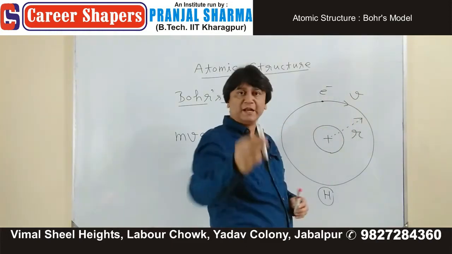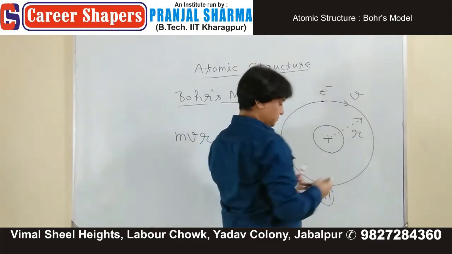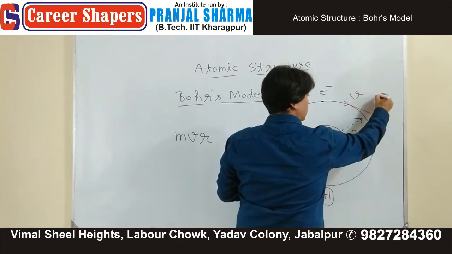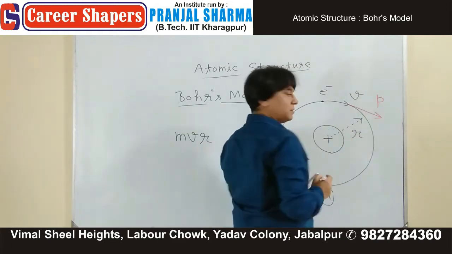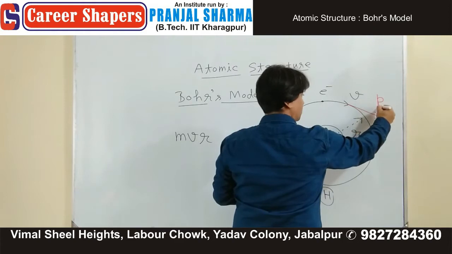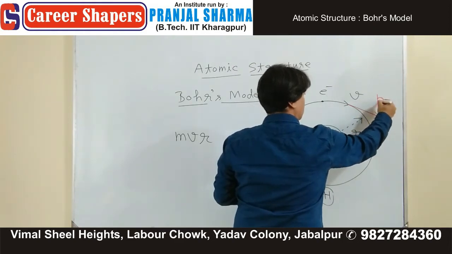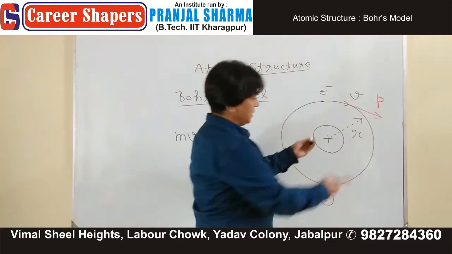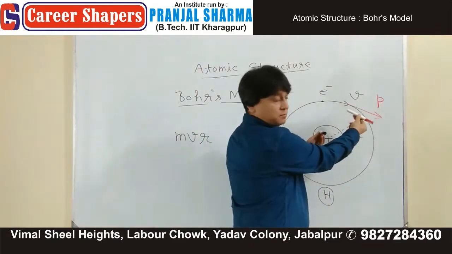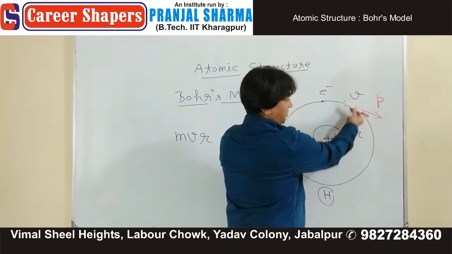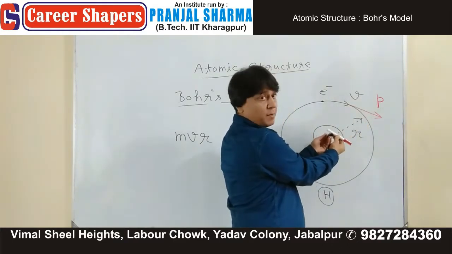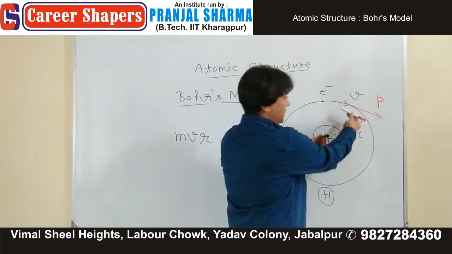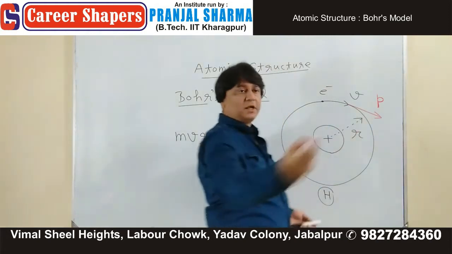Then its linear momentum p is m into v. And what is angular momentum? Angular momentum is linear momentum multiplied by the perpendicular distance of linear momentum from the axis of rotation. So this is m into v, which is linear momentum, and its perpendicular distance is r.